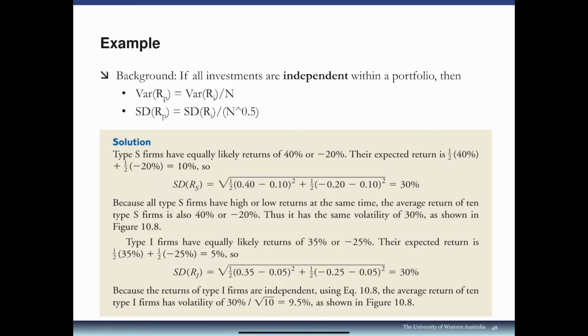But because they are independent, in one scenario one of them could go up while the other one goes down, and then the reverse, right? Unlike type S firms, which move together according to a common factor, type I firms are independent. And using what we know from statistics, if they are independent, then holding 10 of them will reduce the standard deviation of my portfolio. In this case, it will reduce down to 9.5%.